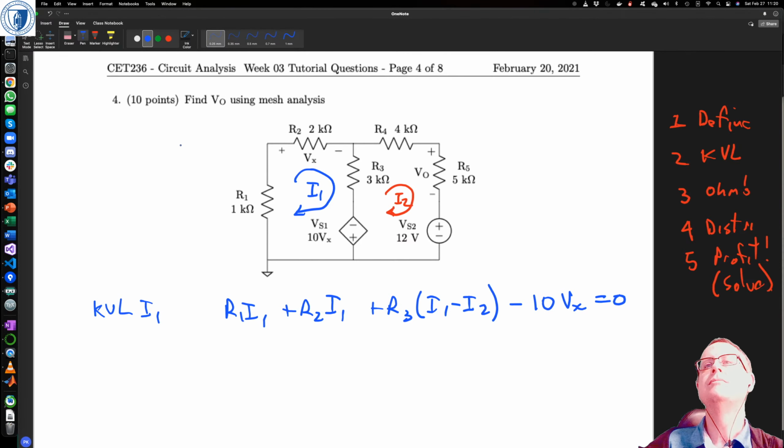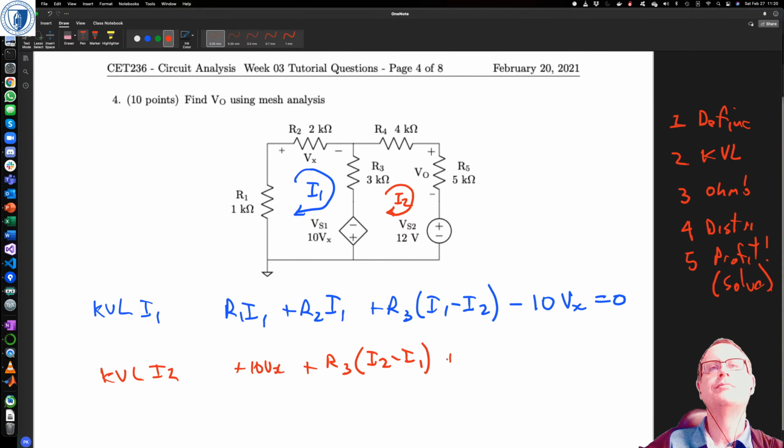And then KVL for I2, I have positive 10 Vx plus R3 times I2 minus I1 plus R4 times I2 plus R5 times I2 plus 12 equals 0.